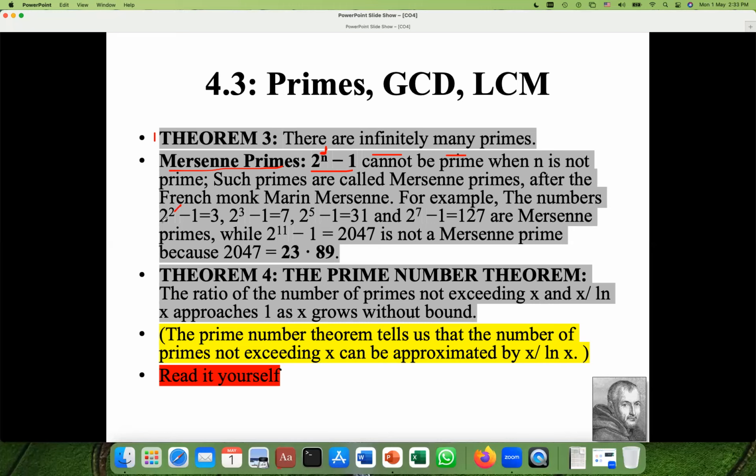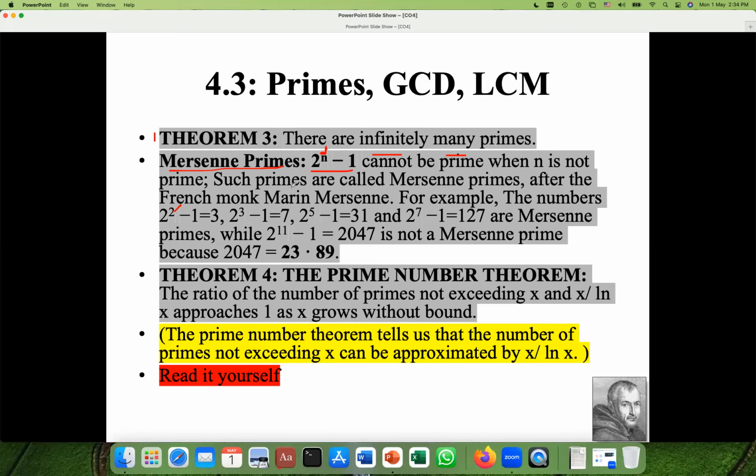By this statement we are saying that if n is a prime, then this can be a prime. And if n is not a prime, then this cannot be a prime. So this statement has this understanding.